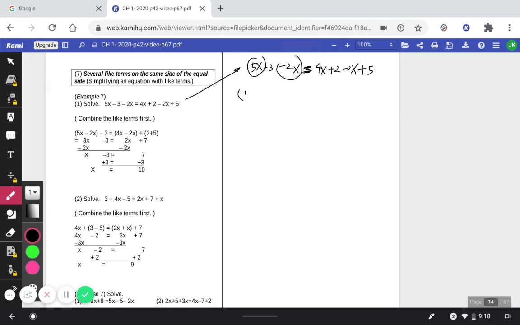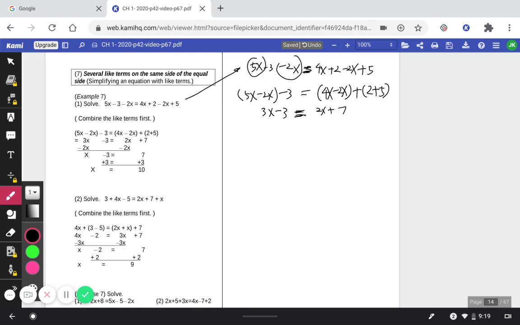So you do 5x minus 2x minus 3 equals 4x minus 2x plus 2 plus 5. You combine like terms, and then simplify, you got 3x minus 3 becomes 2x plus 7. So you will have an equivalent equation, which is at a simpler level.